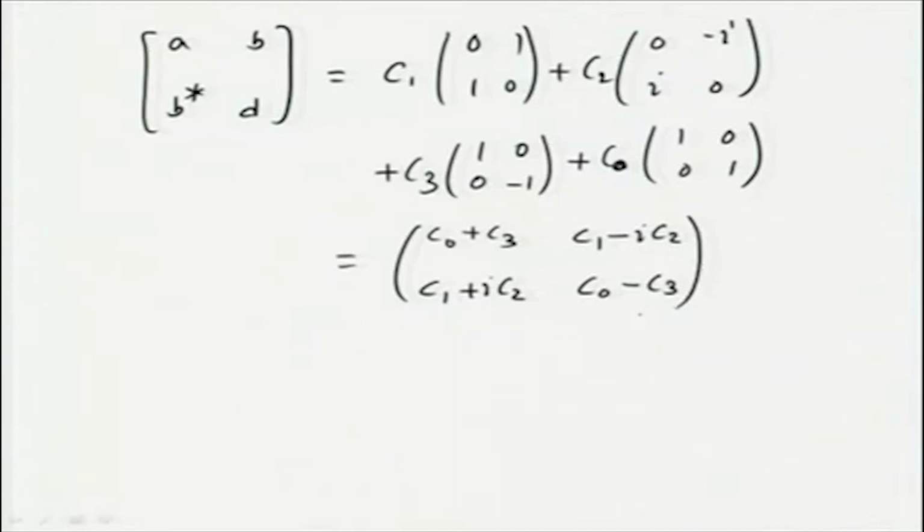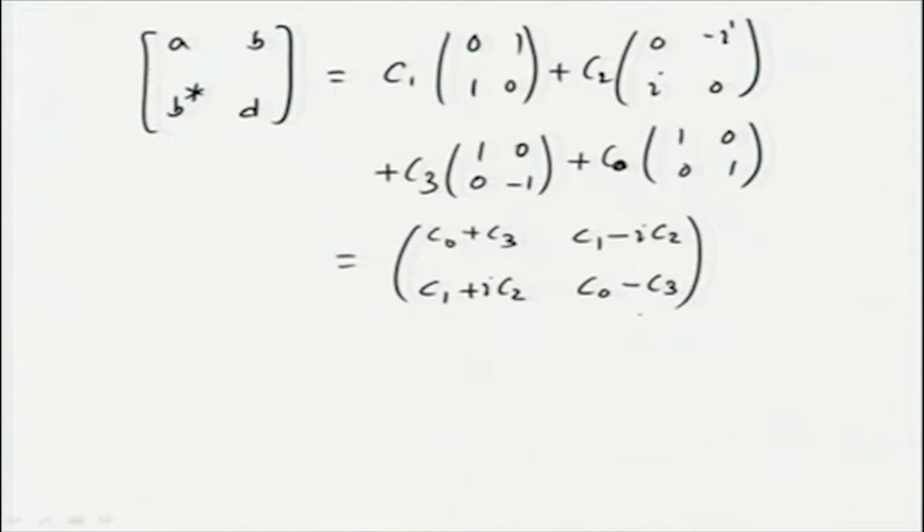Indeed, the off diagonal elements are complex conjugates of each other, and diagonal elements are real, provided the C's are real numbers.